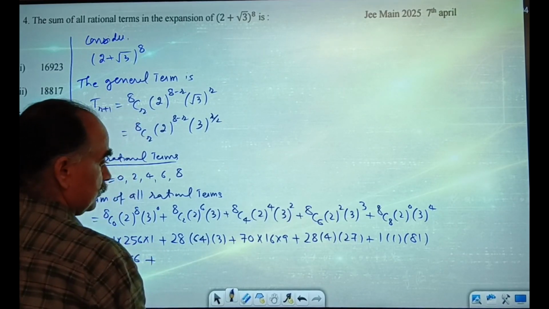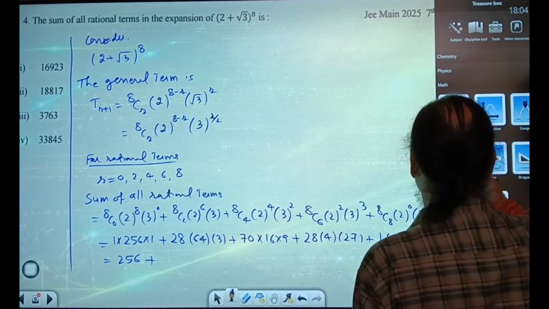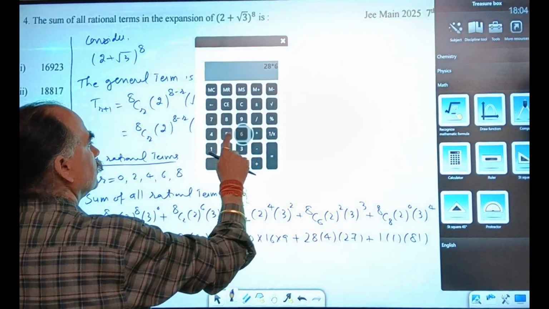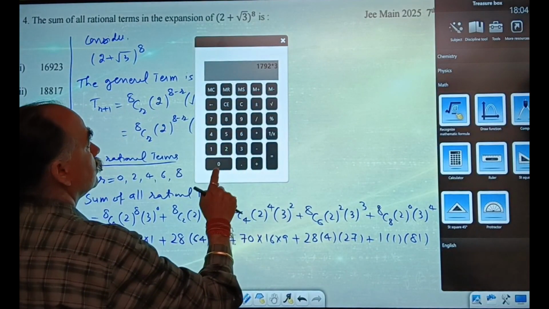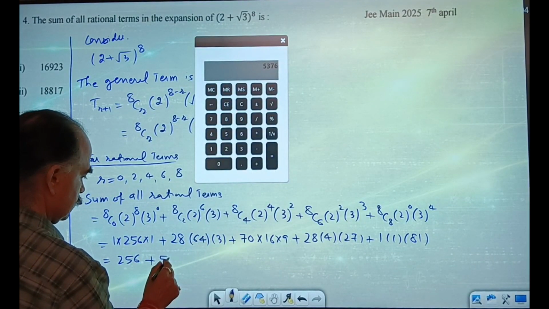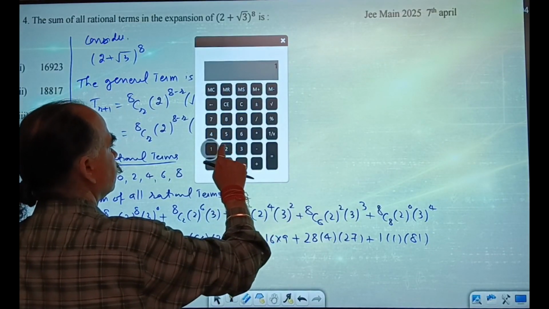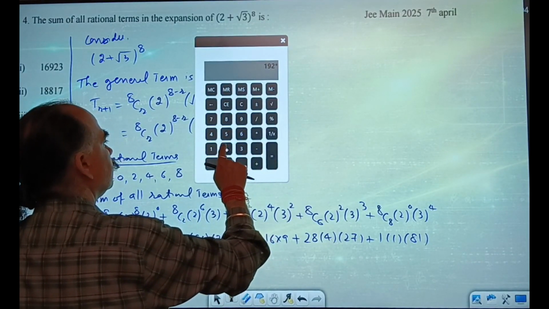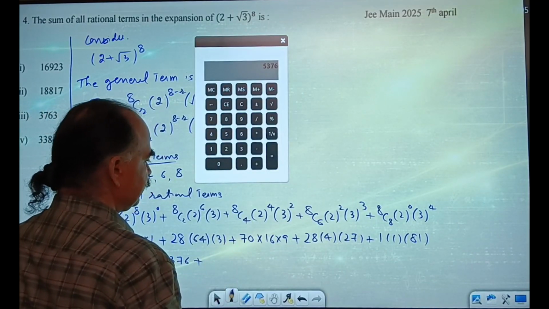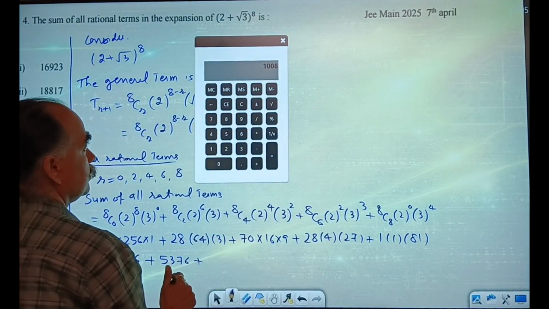256 plus 28 into 64 into 3, which is 5376. Then 64 times 3 is 192, 192 into 28. Plus 16 into 630, which is 10,080.